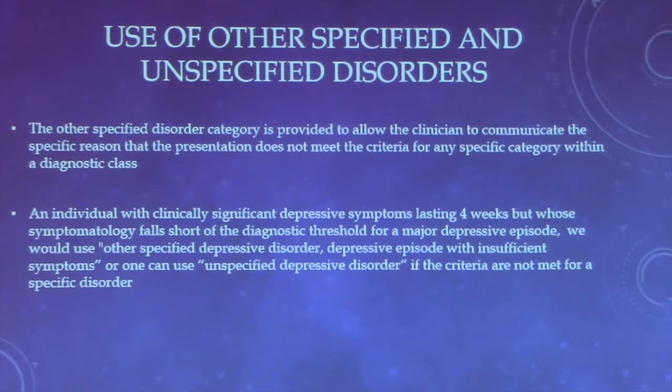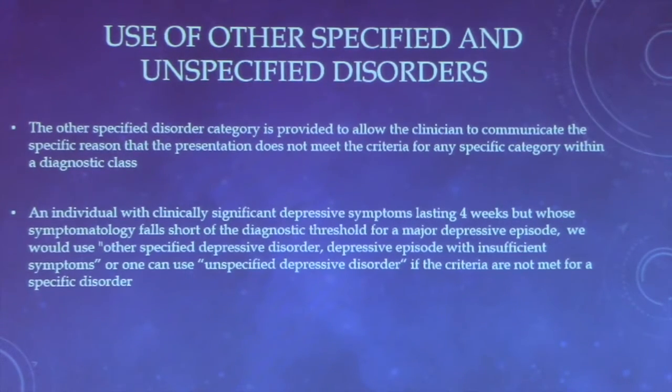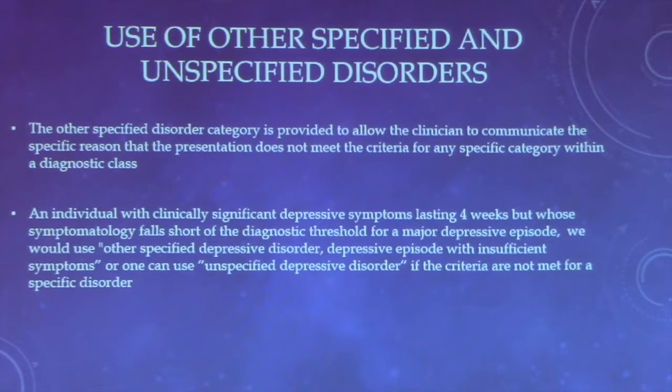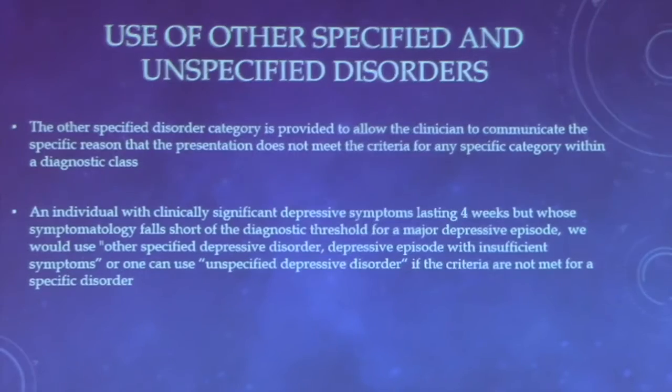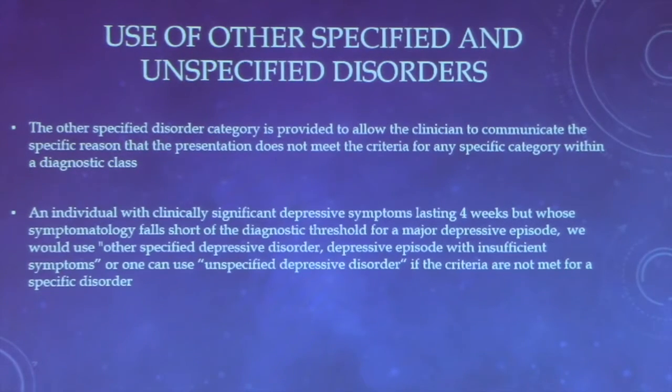As an example, if someone has depression symptoms that last a long time, but you don't have enough criteria to meet a major depressive episode, then you can call it unspecified depressive disorder. And there's this qualifier of insufficient symptoms, and you can still use unspecified depressive disorder, but there's a certain guideline on how to do that.